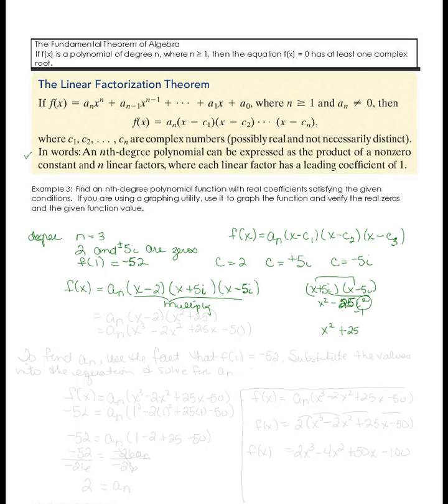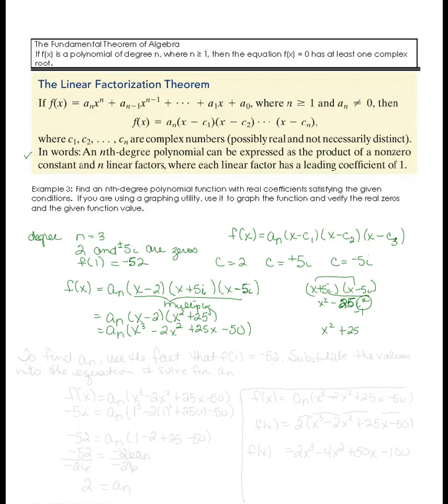Now we have a sub n times x minus 2 times x squared plus 25. Then we're going to distribute, multiplying the x squared plus 25 by the x minus 2, and that's going to give us x cubed minus 2x squared plus 25x minus 50.